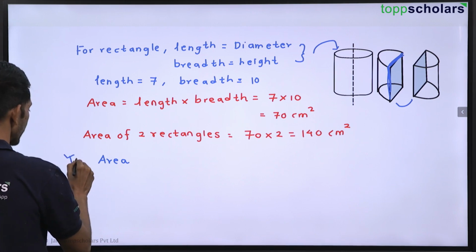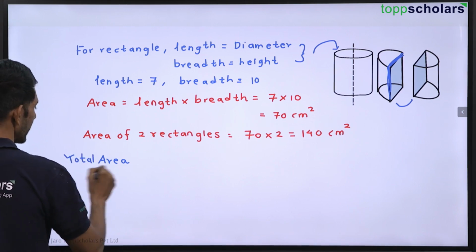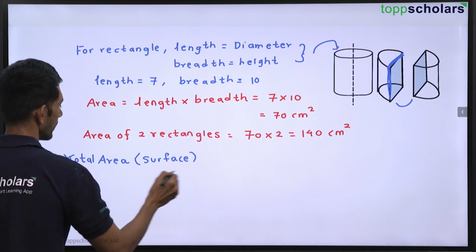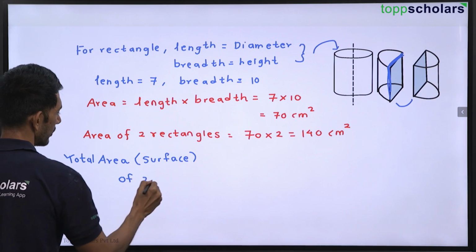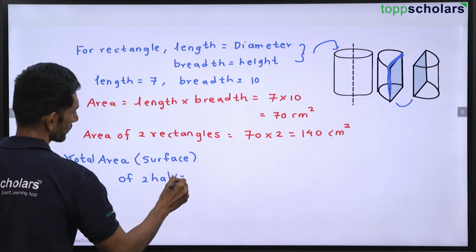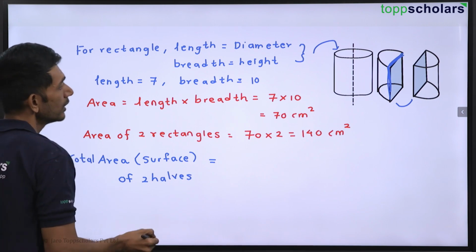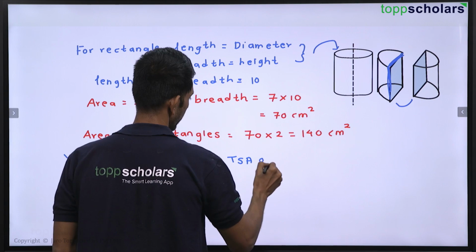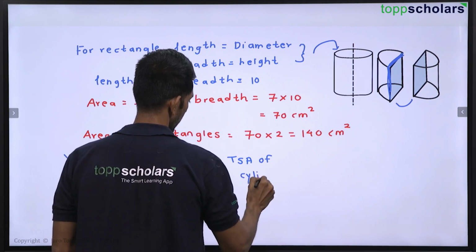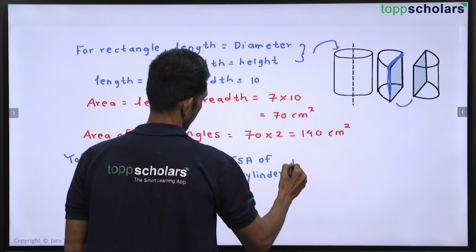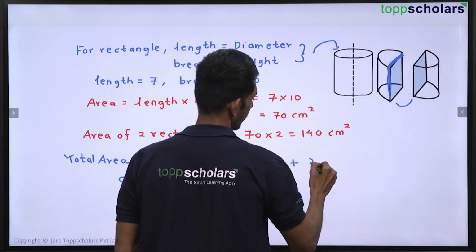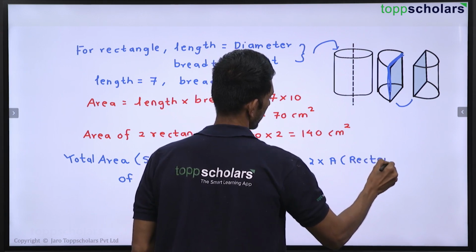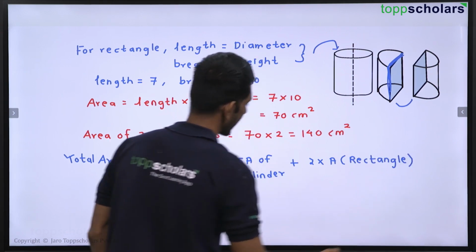Now once I get the area of the two rectangles, I can say that the total surface area of two halves will be equal to the total surface area of the cylinder, that is TSA of cylinder, plus 2 times the area of the rectangle.